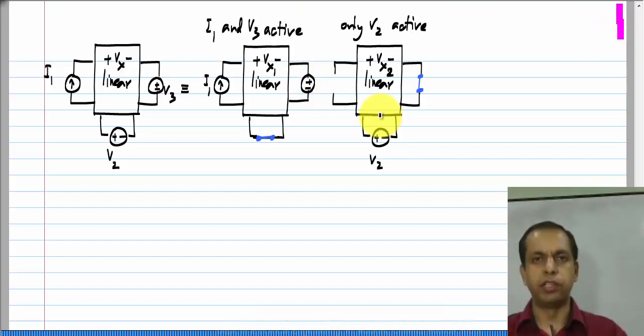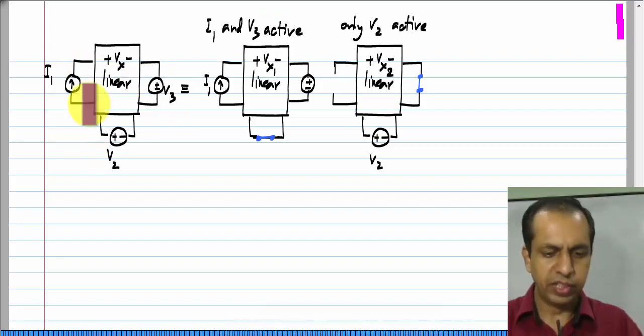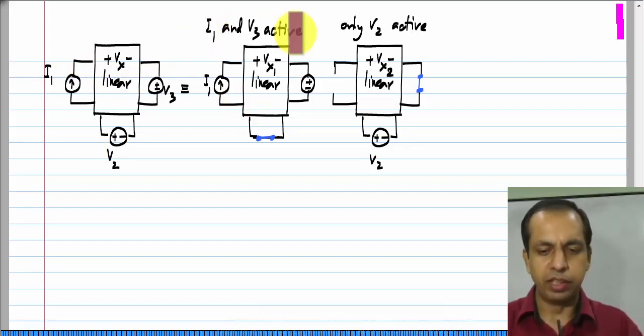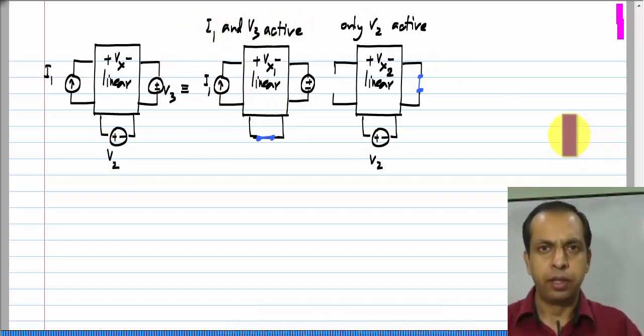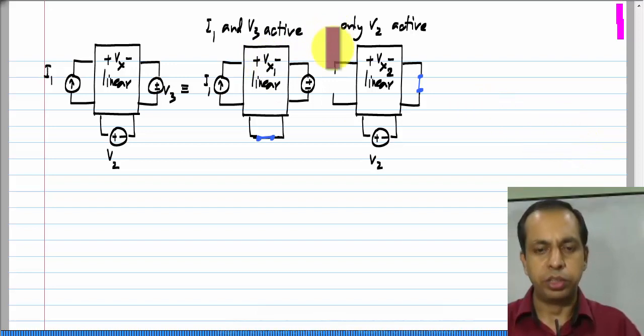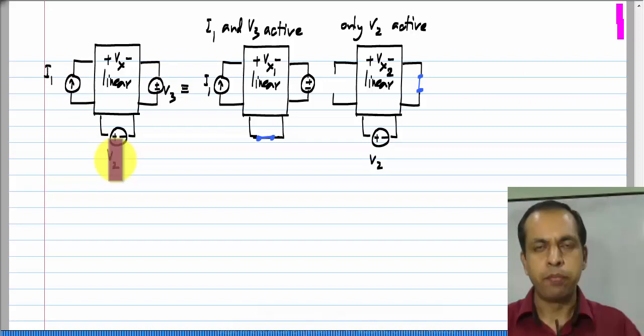Now, the very minor extension I mentioned is this. I do not have to take one independent source at a time. I could take multiple sources. For instance, here I think of this case as superposition of 2 cases, one in which I 1 and V 3 are active and the other one in which only V 2 is active. So, the only thing I have to ensure is that over all the cases I consider, first of all, I take all the sources, all of them must be occurring once and exactly once.